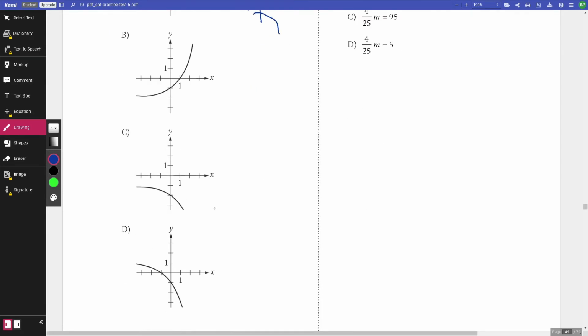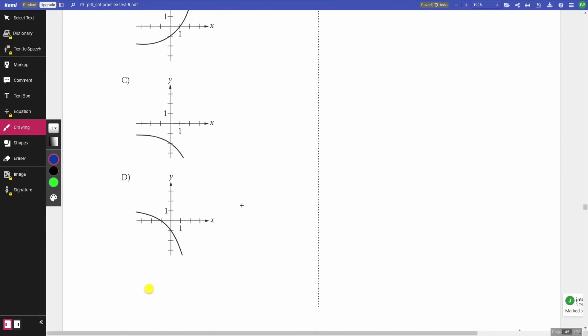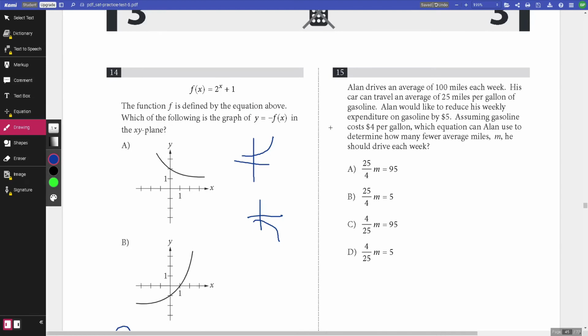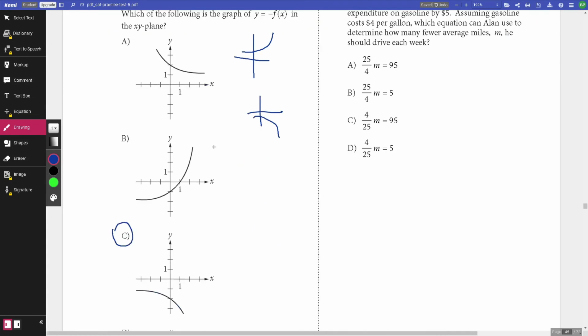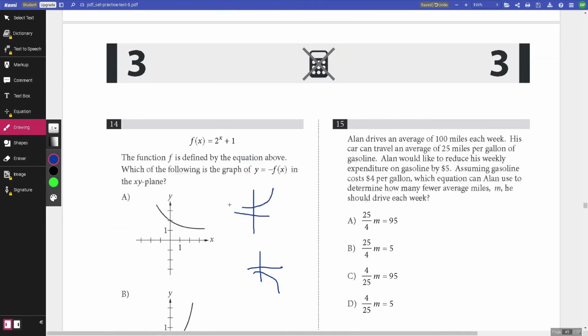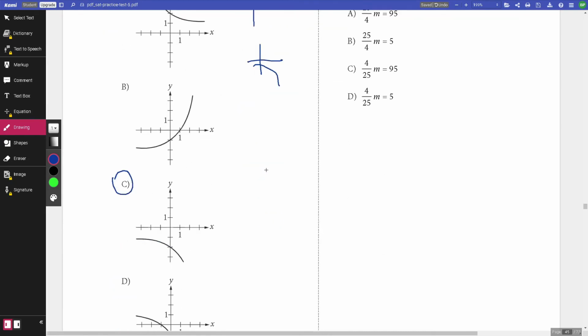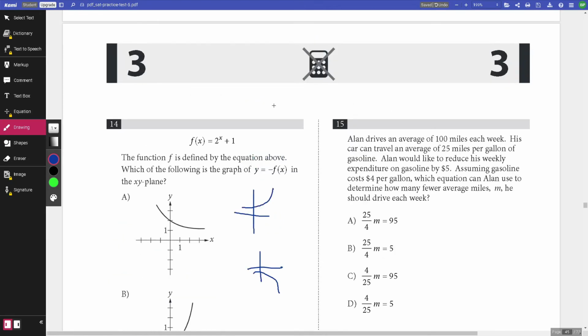So the answer would be the one with a y intercept of negative 2. So C. In the original function, the y intercept is 2, but you flip over the x-axis, so it's negative 2. The reason I know that is, plug in 0 here, you get 1 plus 1 equals 2.